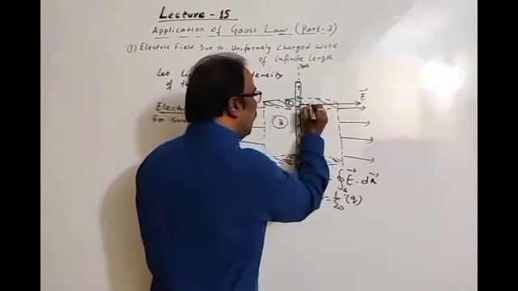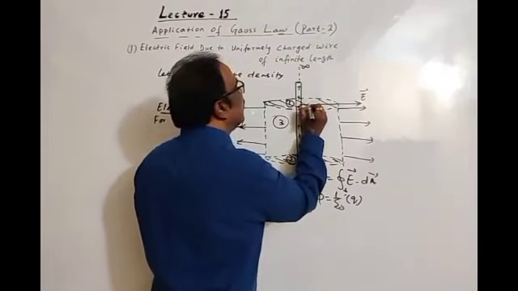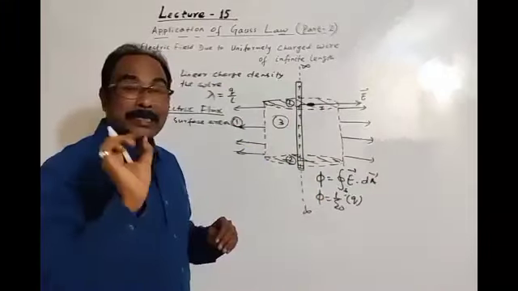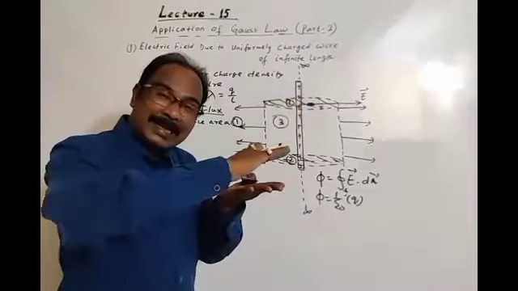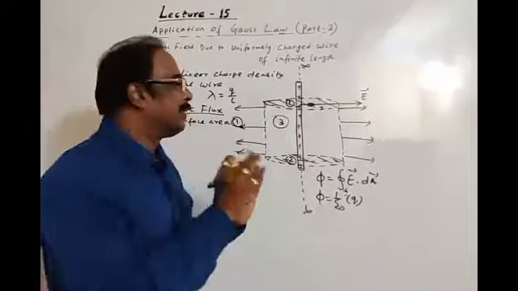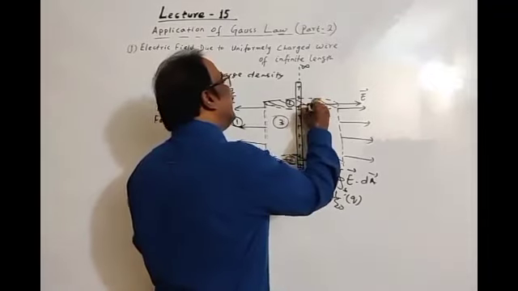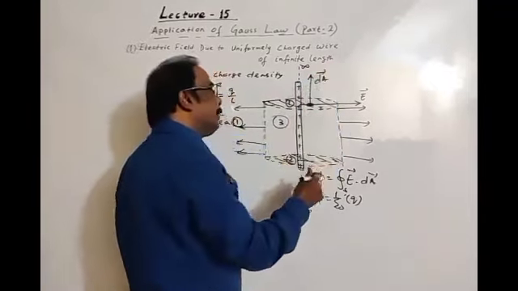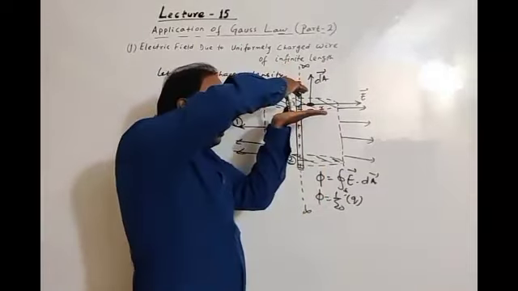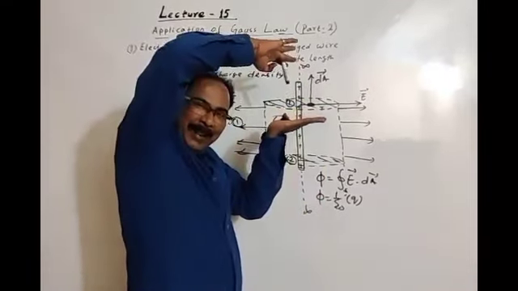Now let's consider an elemental surface, a very small surface area on this cross-sectional area of the cylinder. Obviously the direction of this elemental area vector will be perpendicular to the surface and in the outward direction.